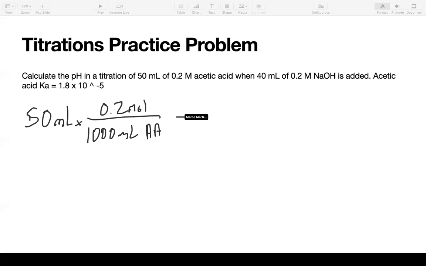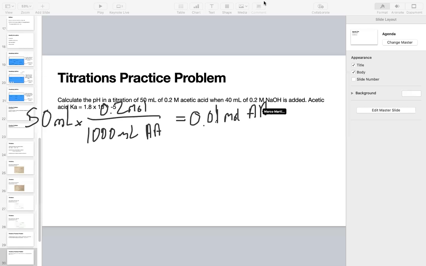So that way we can solve through and say that we have 0.01 moles of acetic acid.